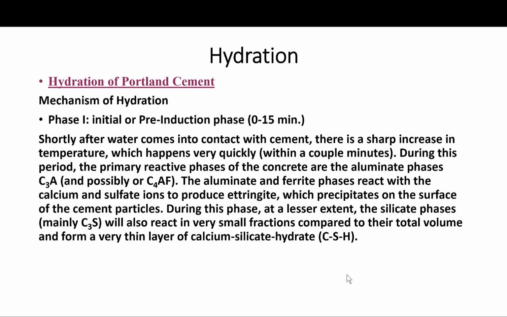During this phase, and to a lesser extent, the silicate phases, mainly the C3S, will also react in very small fractions, compared to their total volume, and form a very thin layer of calcium silicate hydrate. So it becomes difficult for water to access the cement grains.